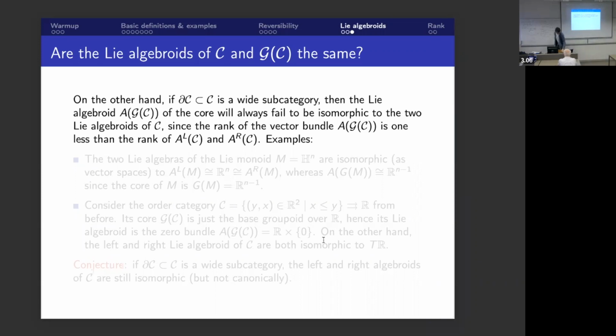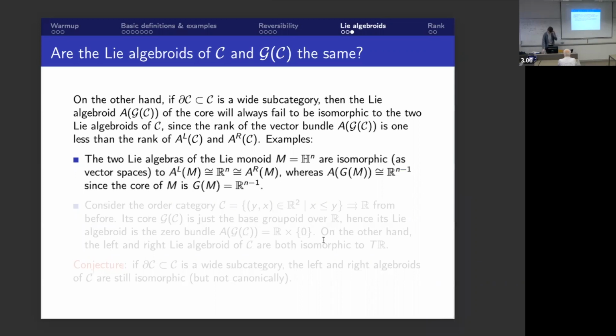This may seem a bit abstract, but if you start thinking about examples, it's really kind of trivial. So if I take, for example, the commutative monoid, the upper half space under addition, right? Of course, the tangent space at 0 is just going to be this R2, right?